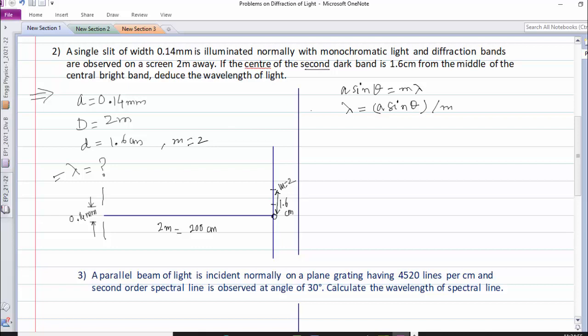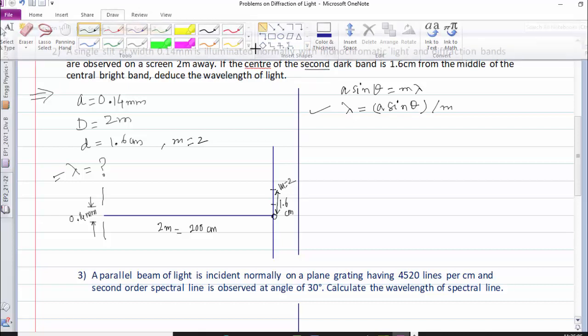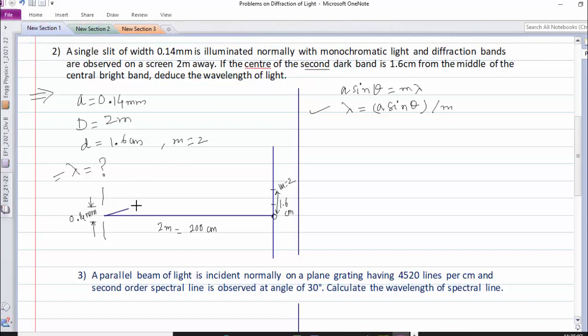So from this formula we are in need of finding theta, the angle of diffraction. That can be found from this geometry. Look here: if we join the center of the slit to the position of the second minima, a triangle will be formed, and the angle made between these two lines is theta. Here we can find this angle by comparing these two lengths.